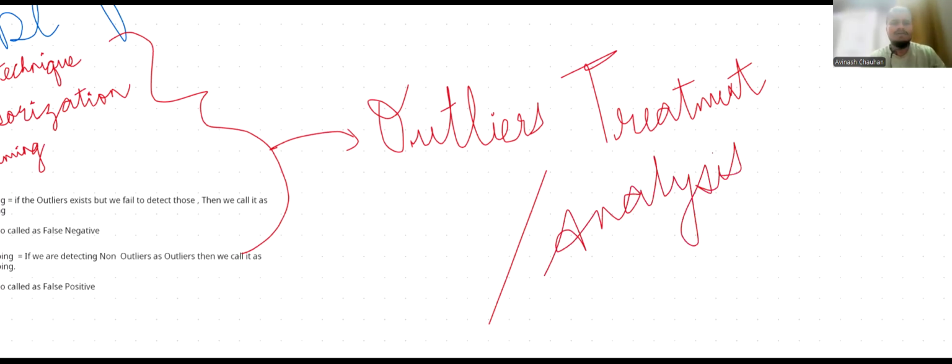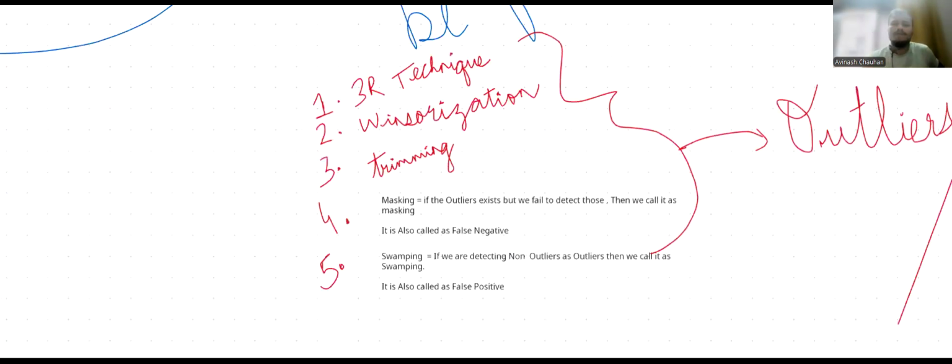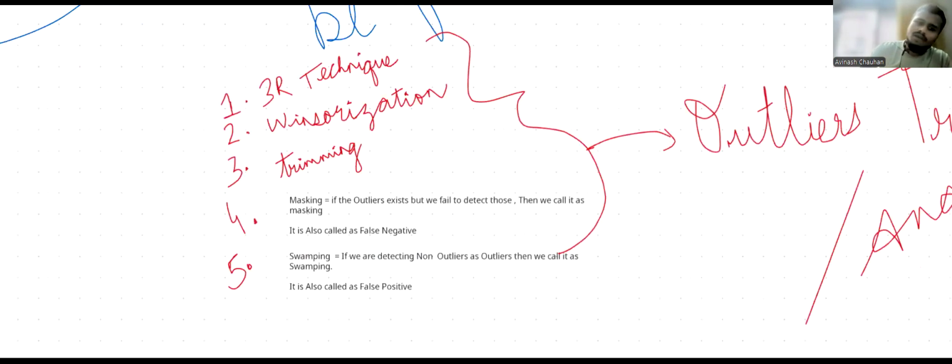So what are the five points in outliers analysis or treatment? First is the 3R technique, then winsorization, trimming, masking, and swamping. So these were the techniques.